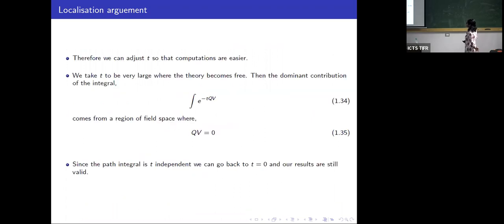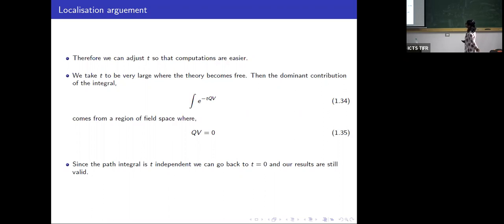So we have seen that the path integral remains unaffected by the deformation. So we can adjust t as per our convenience. Wherever it is convenient to do the computations, we can set t to that. And at the end, we can set t equal to 0 because the path integral is unaffected by the deformation.